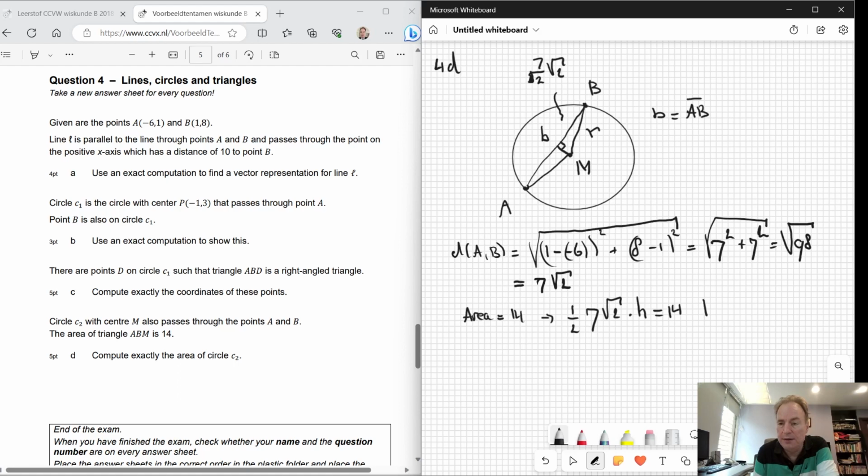This means then that h equals 28 divided by 7 square root of 2, which is 4 divided by square root of 2, multiplied by square root of 2 divided by square root of 2, which is 4 times the square root of 2.